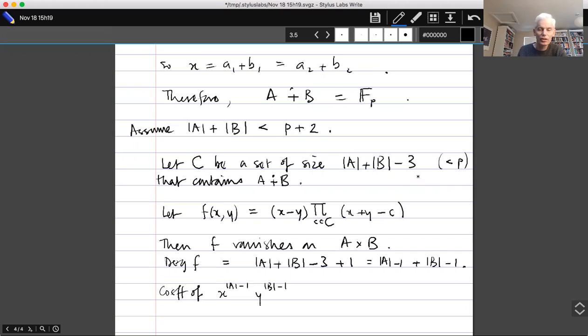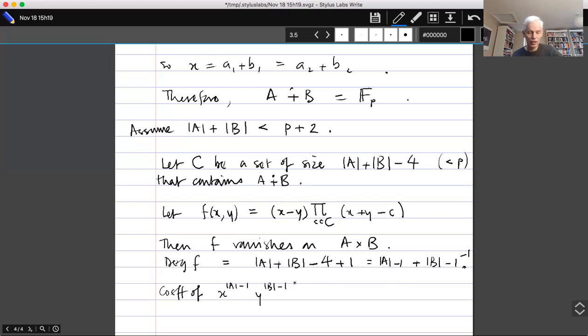I'm hesitating because, again, I've made the mistake that I almost made last time. I want to assume for a contradiction that the size of the restricted sumset is less than |A| plus |B| minus 3. So I can assume that C has size |A| plus |B| minus 4. So the degree of f is actually |A| plus |B| minus 4 plus 1, so it's that minus 1. This is actually very important.